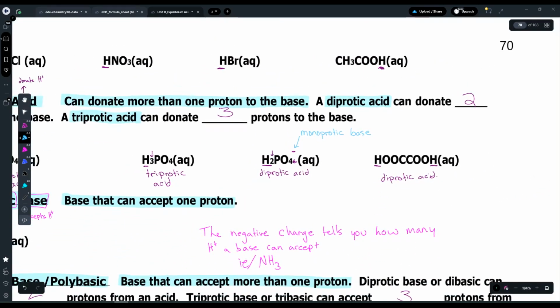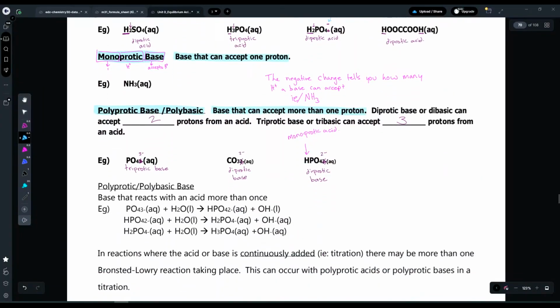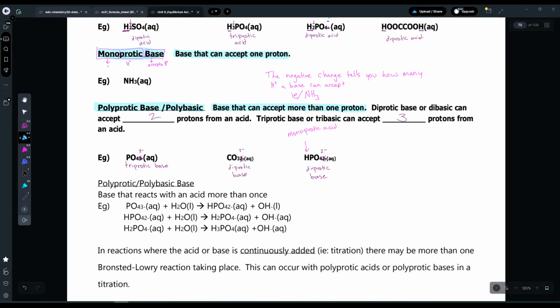Okay, so some substances can have more than one label to it. Typically, questions are going to specify whether amphiprotic substances are acting as an acid or a base, so you shouldn't have to guess at that.